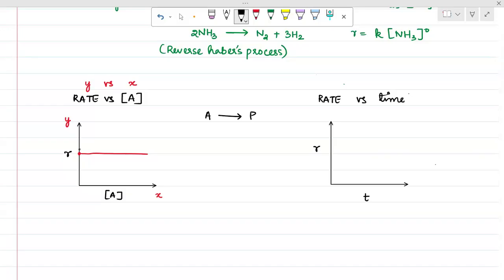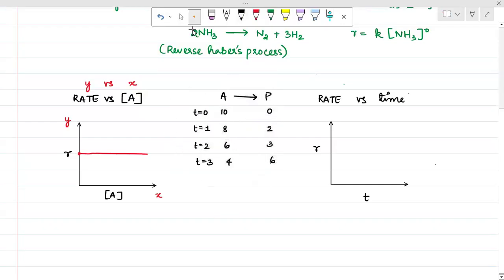Initially at time t is equal to 0, let's say I had 10 units of A and my product is 0 because our reaction has not started. After 1 minute, let's say 10 has become 8, so the product we have is 2 units. Then after 2 minutes, it has become 6 and the product 3. After 3 minutes, this will become 4 and this will become 6, and so on and so forth.